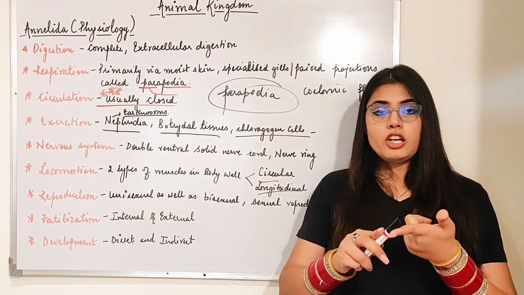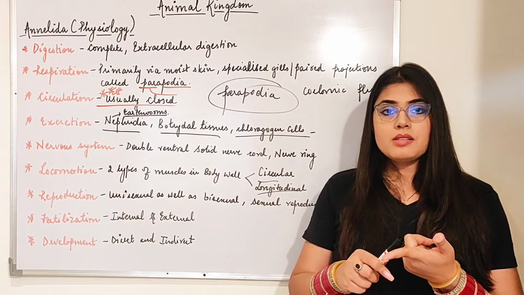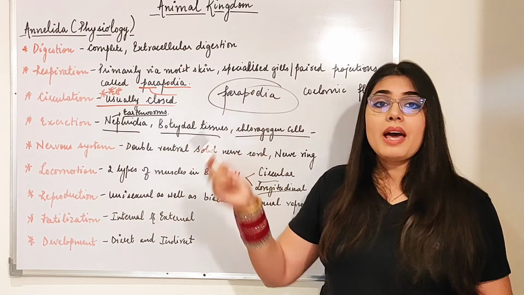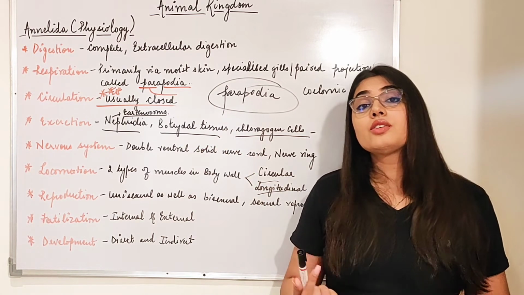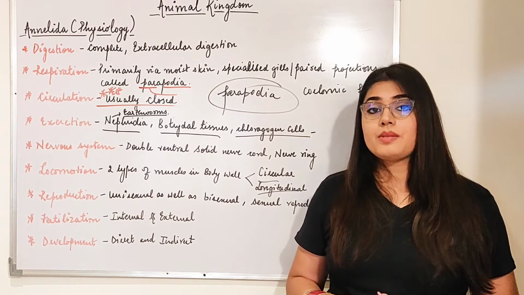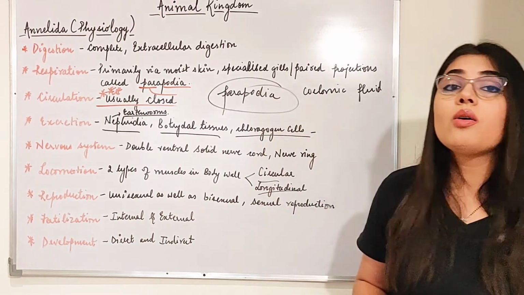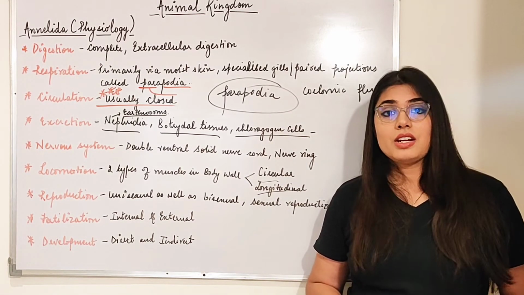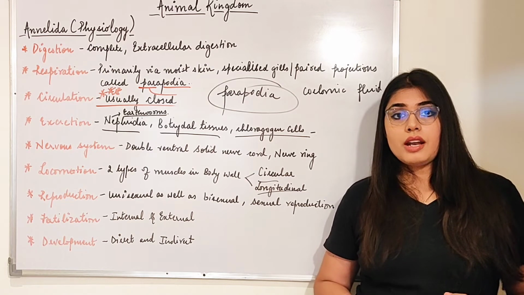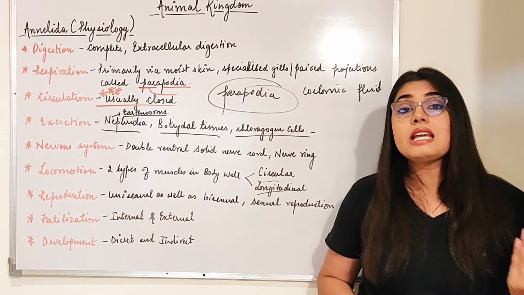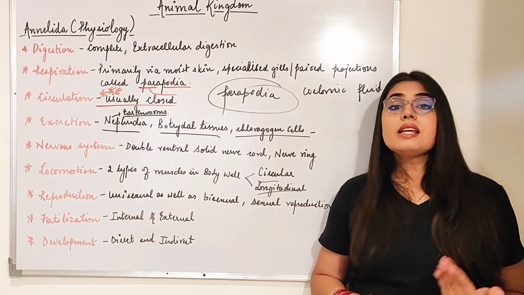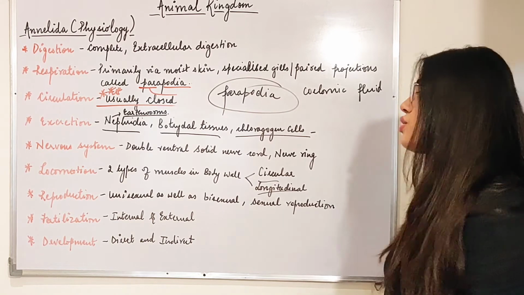And in earthworms, what will be there in place of parapodia? There are lateral legs in Nereis, but in earthworms setae are present. Setae help in the process of locomotion.